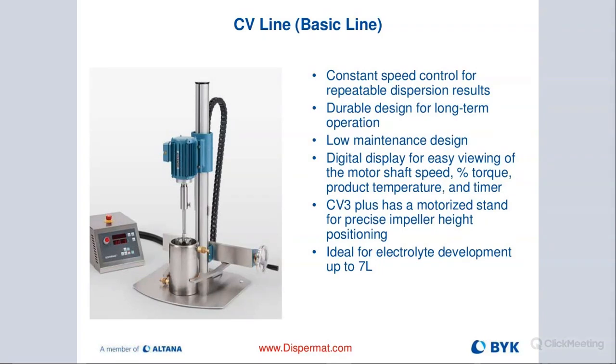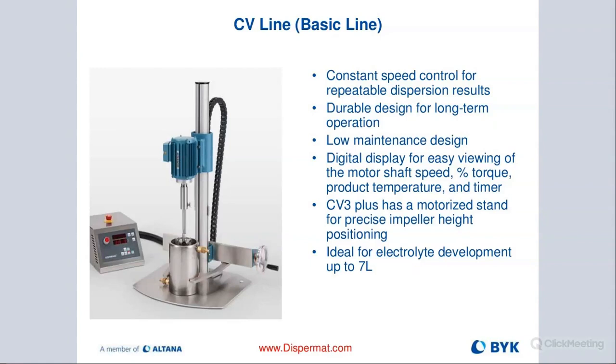The next model up is the CV line. I can share with you, we're introducing a whole new CV later this year. It's an awesome looking machine. The CV is perfect for small product volumes. We also integrated a scale on the new model that basically allows you to weigh your material next to the disperser and then have all the information from the scale displayed on the control panel. It will no longer have that box that you see right here.